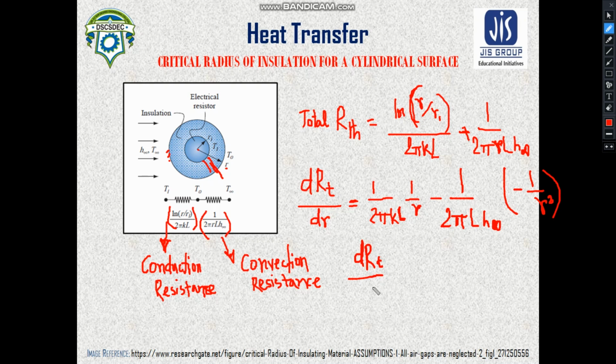Okay, so here after we have found out this equation, we need to do simply this. We need to take this dRt/dr as 0, and if we do that, then what would happen? This part would become 0, right? So let us see how this equation can be solved.